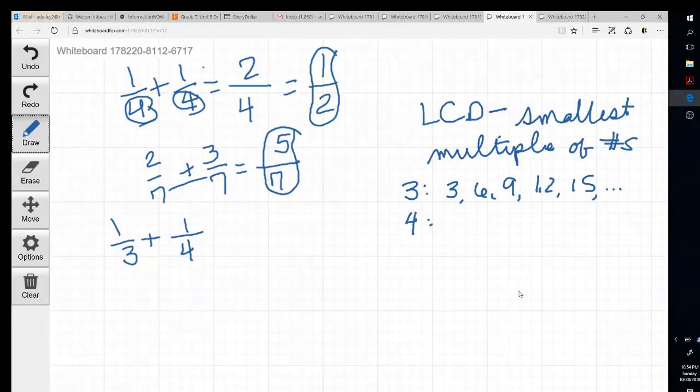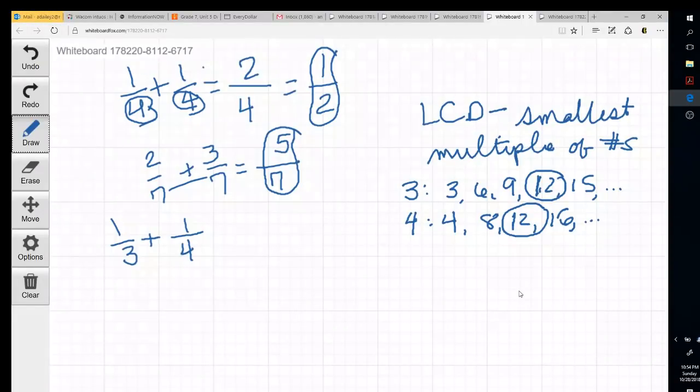And find our multiples of 4. 4, 8, 12, 16, and again, we could go on, but we don't need to because there is 12 and there is 12. So we have found a common denominator, a common multiple, and it's 12.